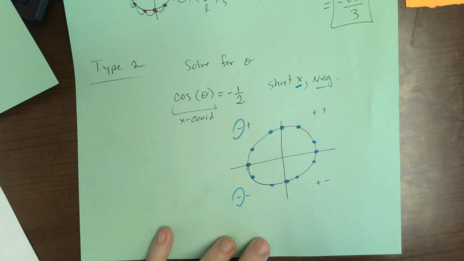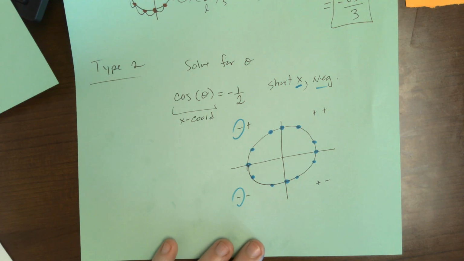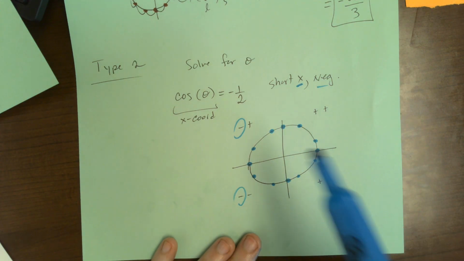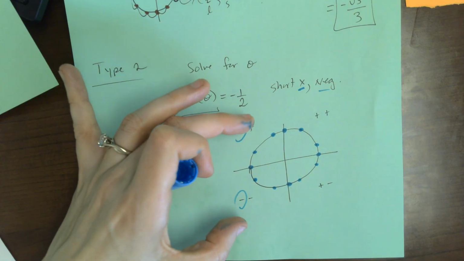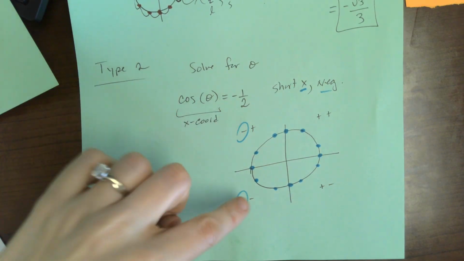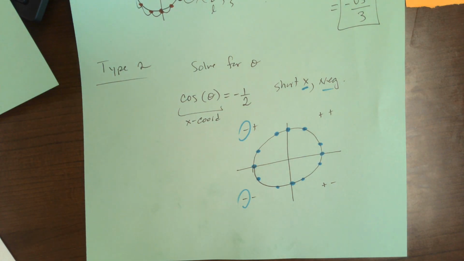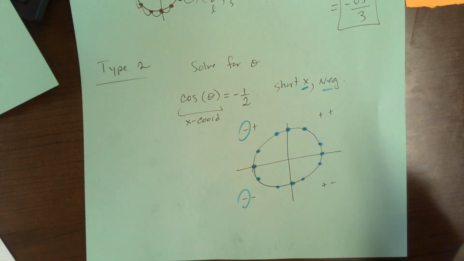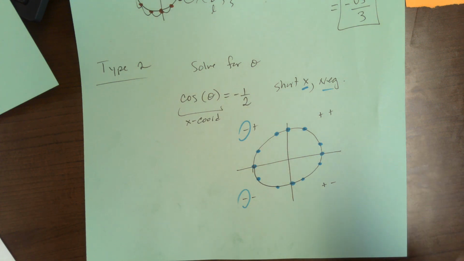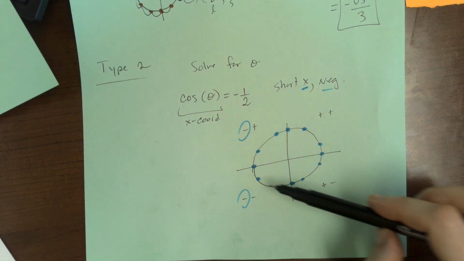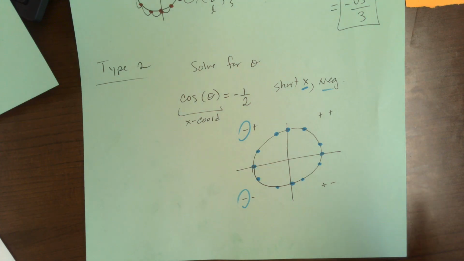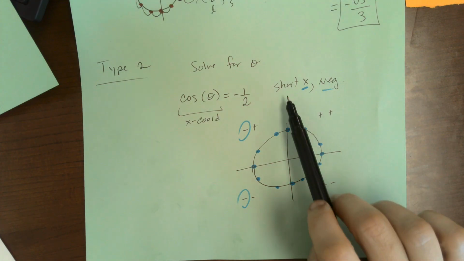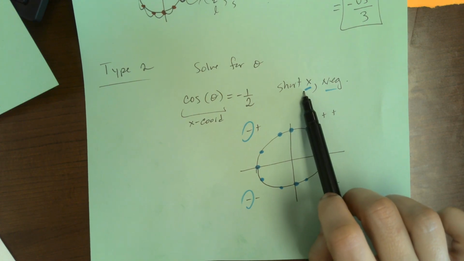So these are the quadrants where I'd have negative x's. I want my thetas to make me land in those quadrants. But since I used the pi over 6 circle, I have 2 points in each quadrant.